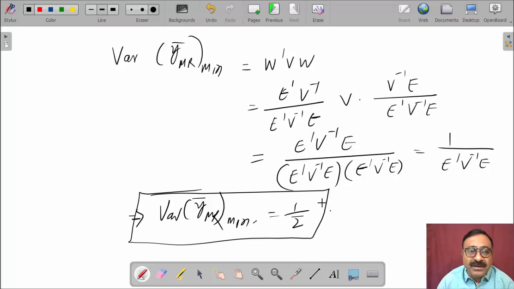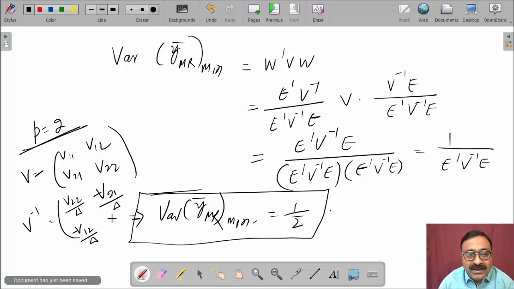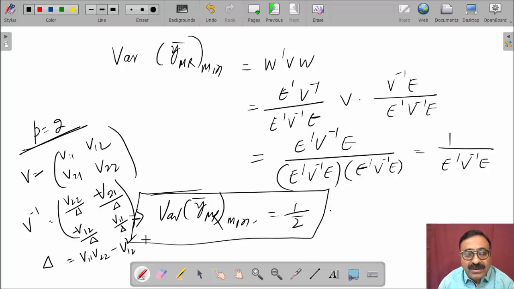If you take P equal to 2 for a particular case, then we get V equal to V11, V12, V21, V22, and then V inverse will be equal to V22 by delta, minus V12 by delta, minus V21 by delta, V11 by delta, where delta equals V11 V22 minus V12 square.